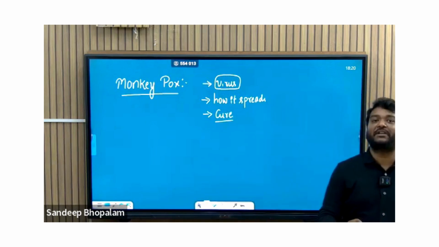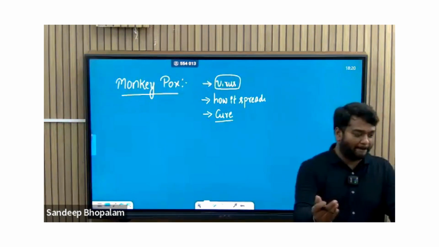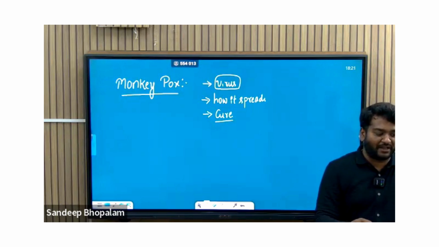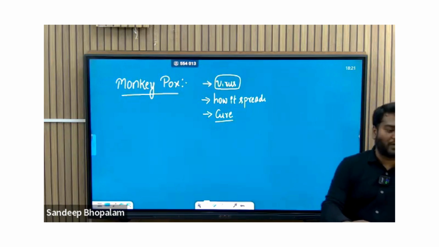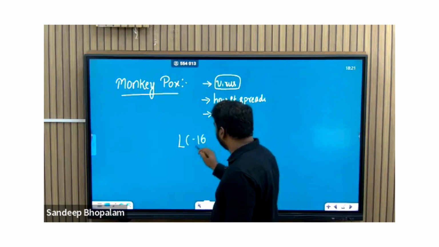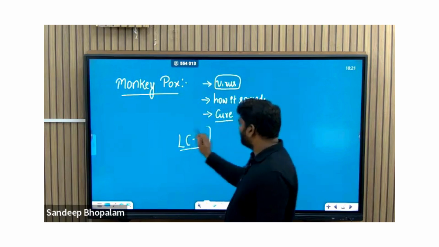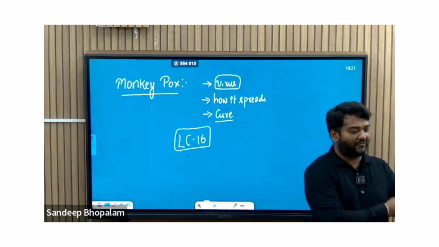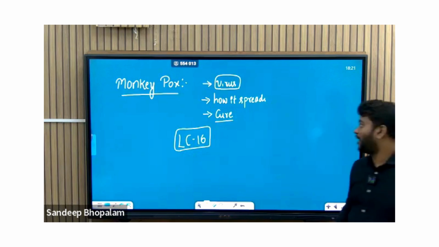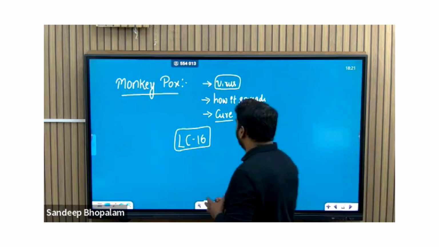It can also be transmitted through sexual contact, and through pregnancy the fetus will also get it. Rashes and all are common in this. And guys, WHO has recommended the use of LC16 vaccines. Some vaccines they have recommended, but they don't know their effectiveness yet. So this is about monkeypox.